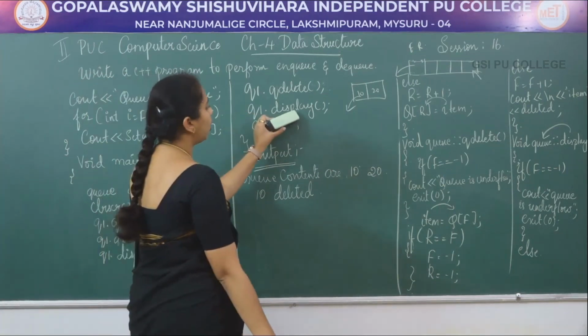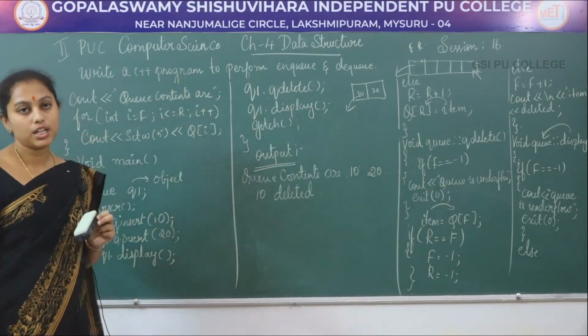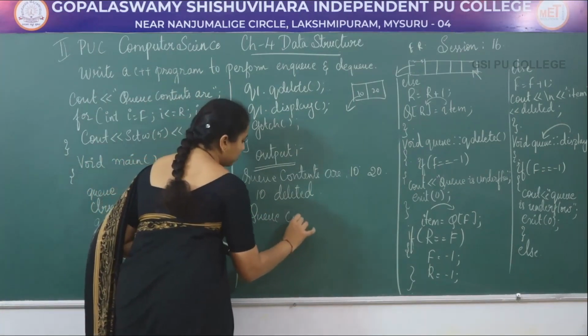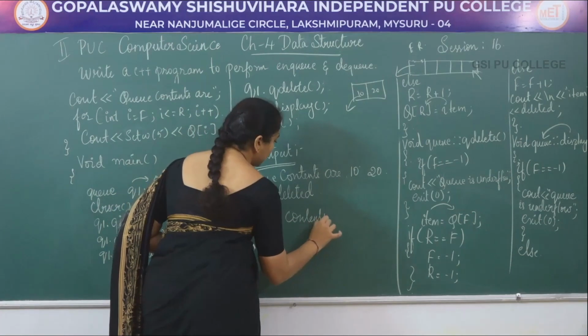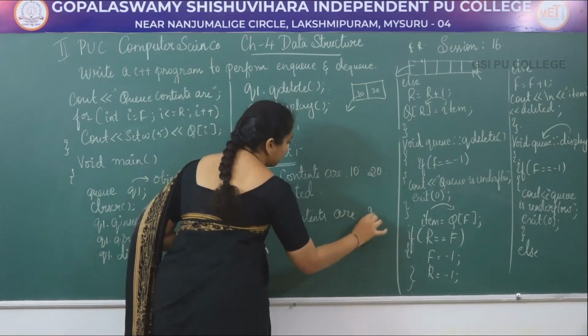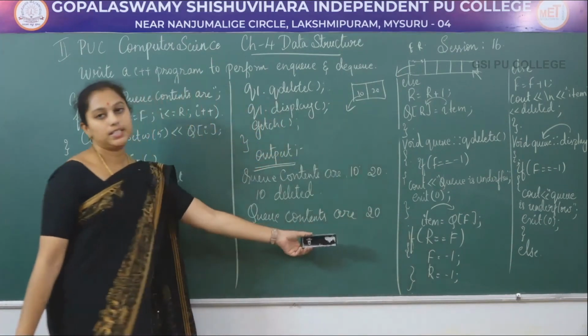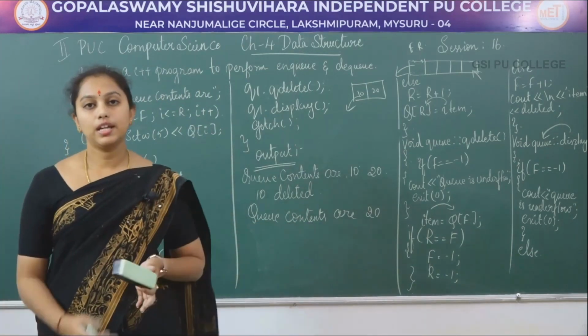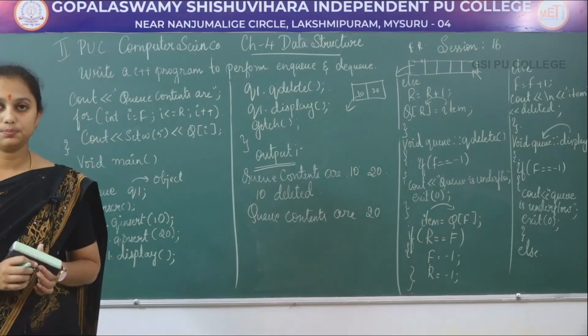Again we have called the display function. Queue contents are, now it contains only an item called 20. So this is the program for Enqueue and Dequeue of a queue. Thank you.